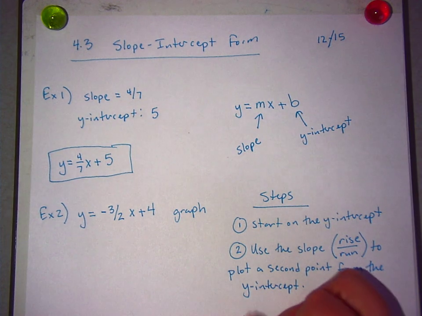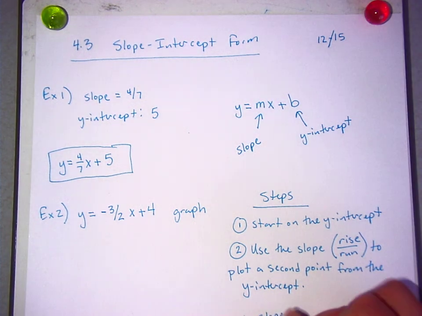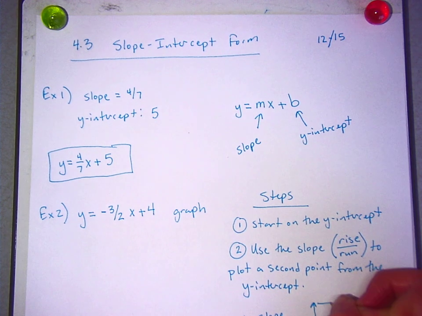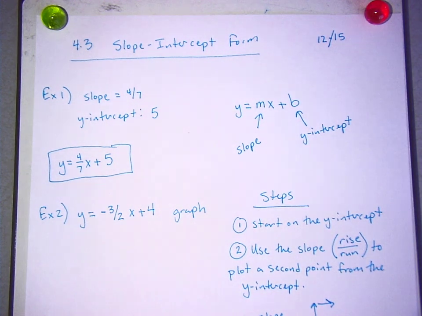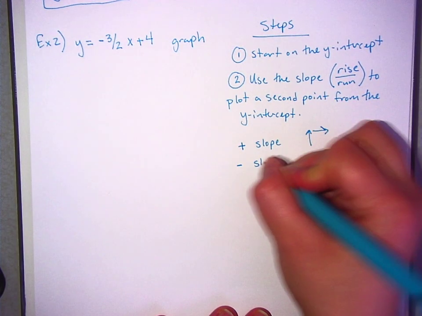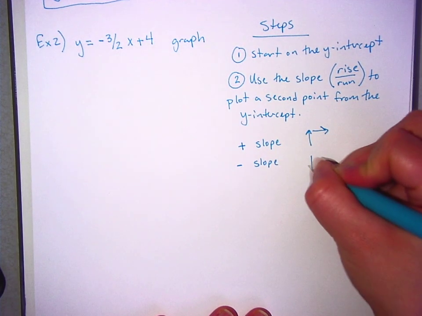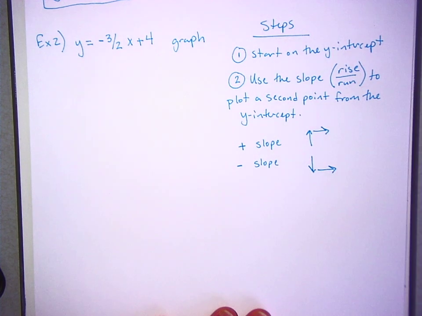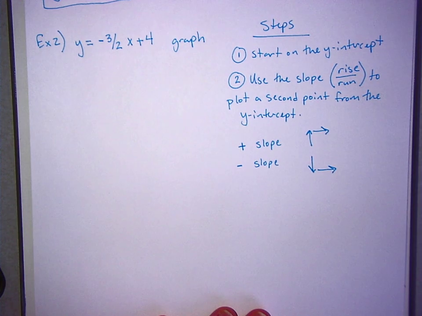If it's a positive slope, you go up and to the right. If it's a negative slope, you go down and to the right.